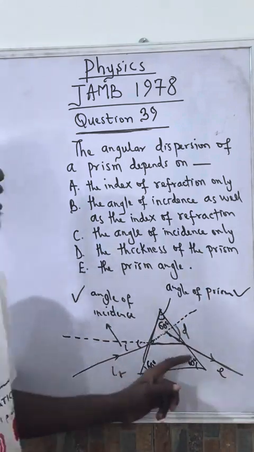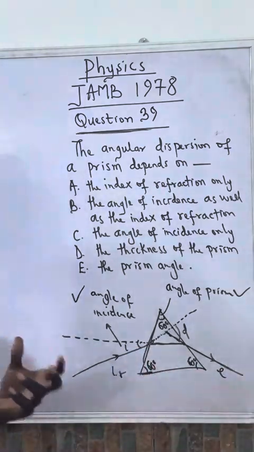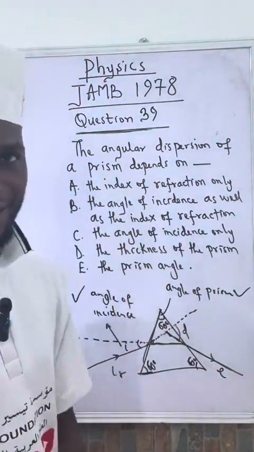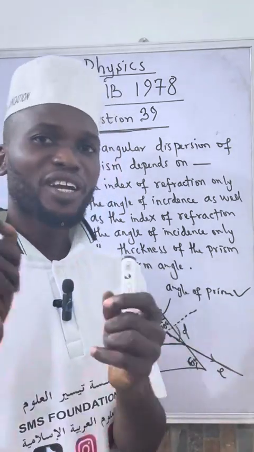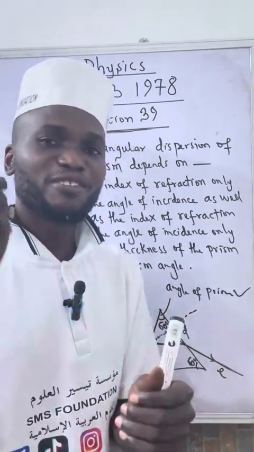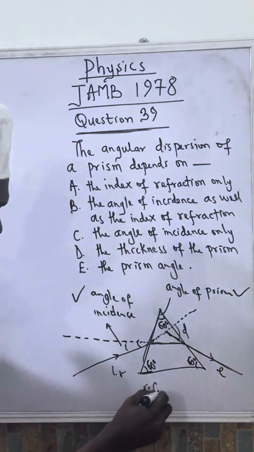Next, another thing that white light passing through a triangular prism depends on is the refractive index of glass, depending on the material of that glass. Refractive index has to do with the material that the glass prism is made of. So that's another thing.